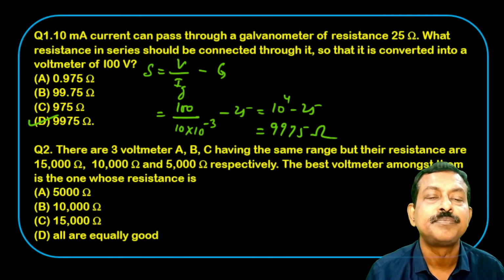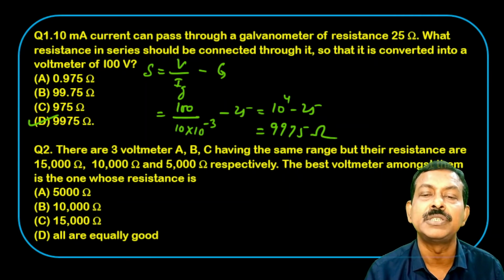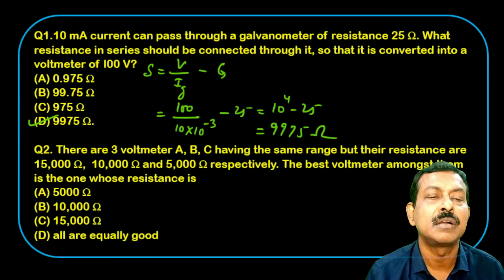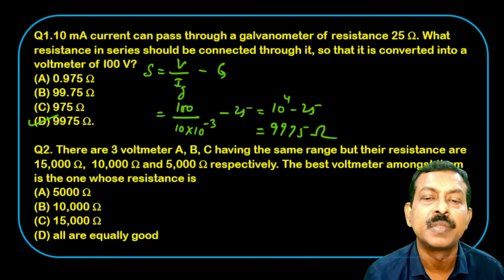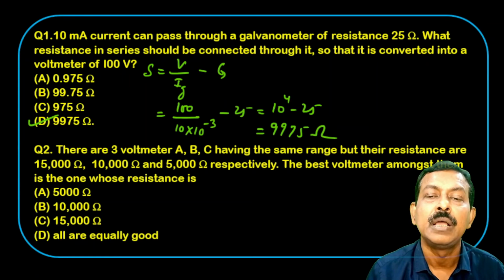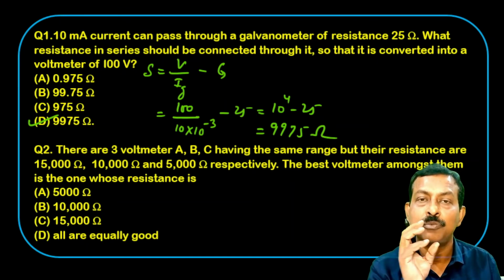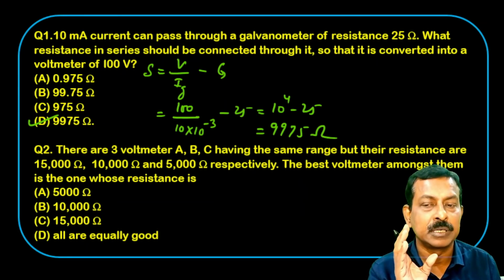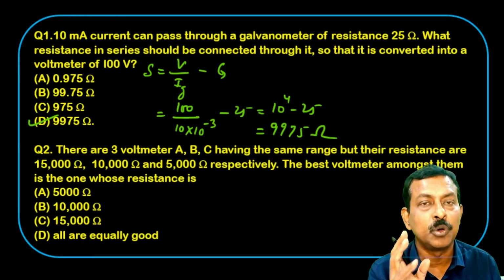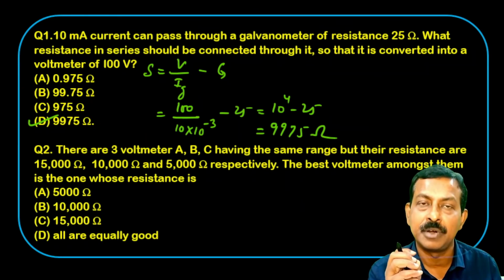Next question: there are 3 voltmeters A, B, C having the same range, but their resistances are 15,000, 10,000 and 1,000 respectively. The best voltmeter amongst them is the one whose resistance is... Now in this case, the voltmeter will give you a reading with more accuracy if its resistance is large.